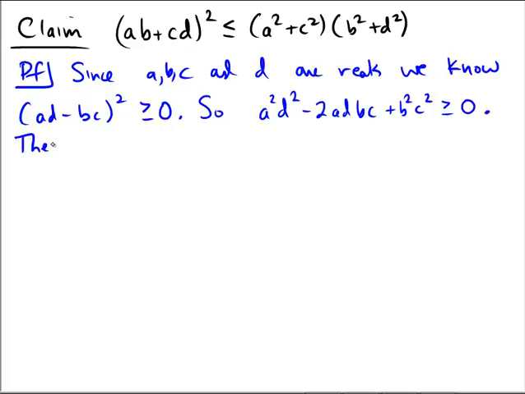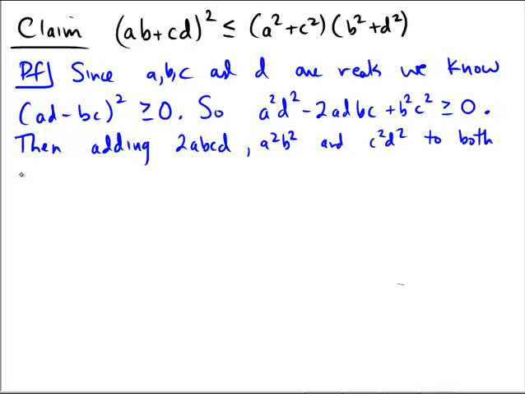Then, adding, what do we have to add to both sides? We're going to add 2ABCD, because remember we had to move it over from one side, and we're also going to throw in those other quantities that we wanted, A squared B squared and C squared D squared, to both sides of the inequality.